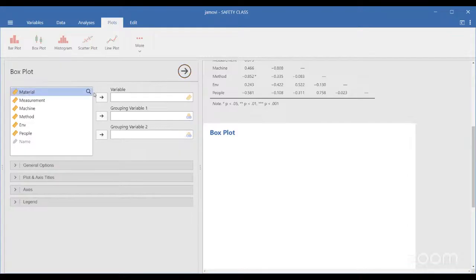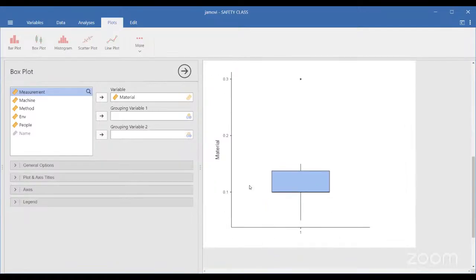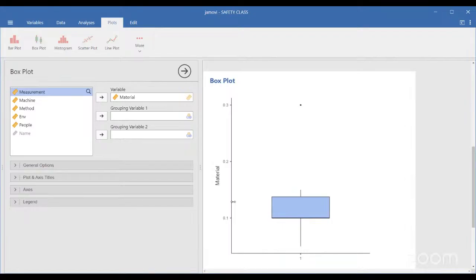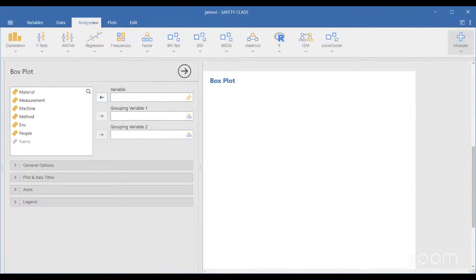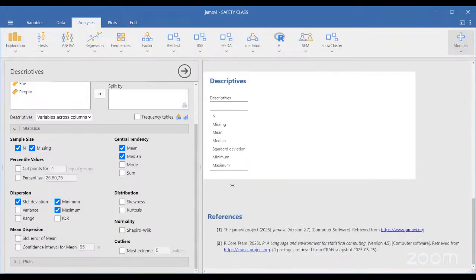Can only one variable be there? No, you go to the analysis, and there is exploration, descriptives, and you select the variables.